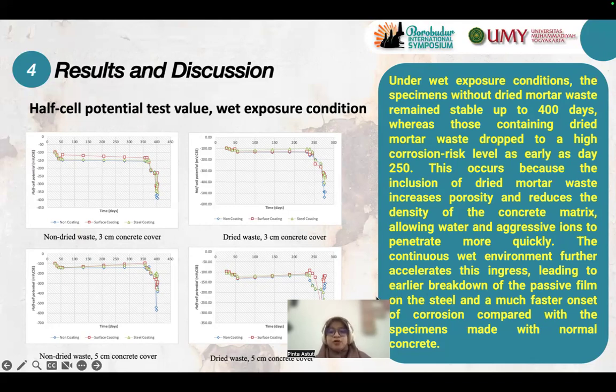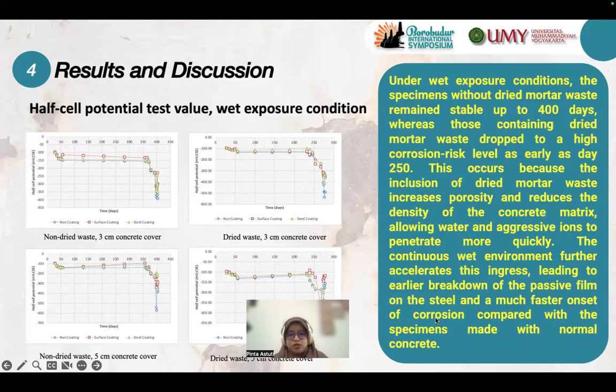This occurs because the inclusion of dried mortar waste increases porosity and reduces the density of the concrete matrix, allowing water and aggressive ions to penetrate more quickly. The continuous wet environment further accelerates this ingress, leading to earlier breakdown of the passive film on the steel and a much faster onset of corrosion compared with the specimen made with normal concrete.